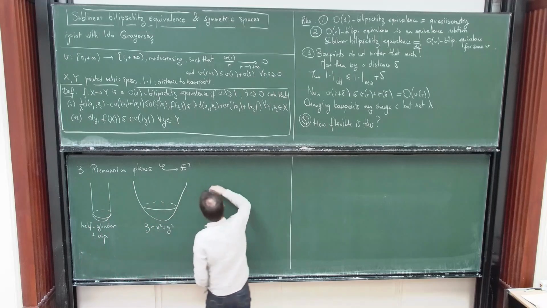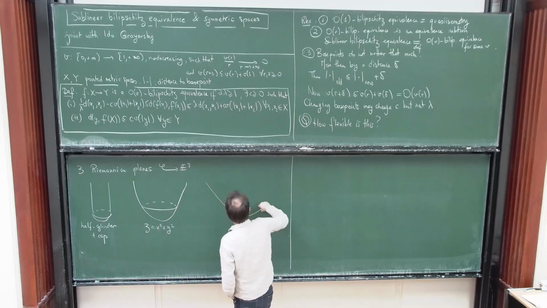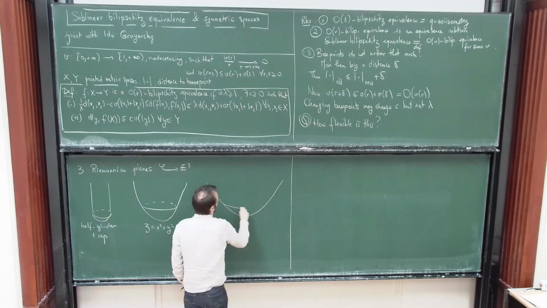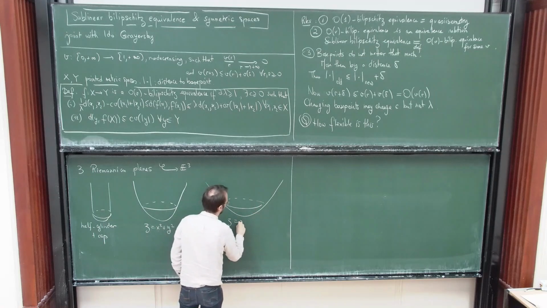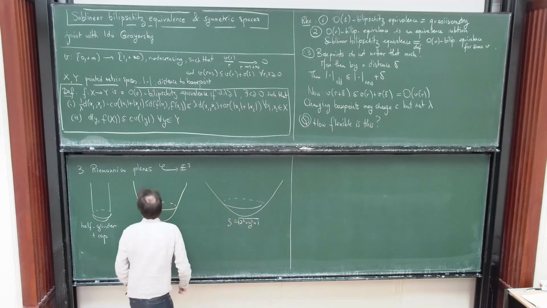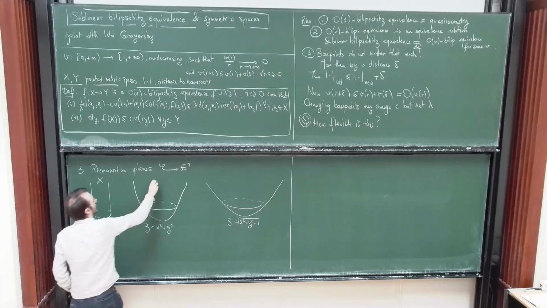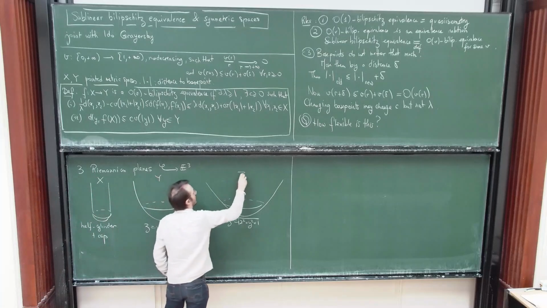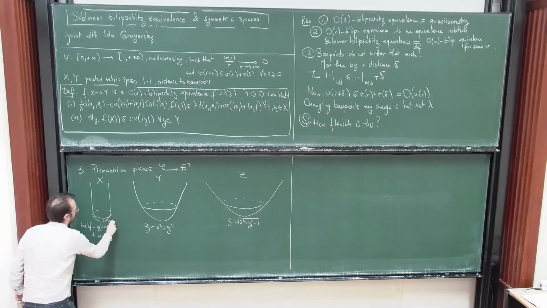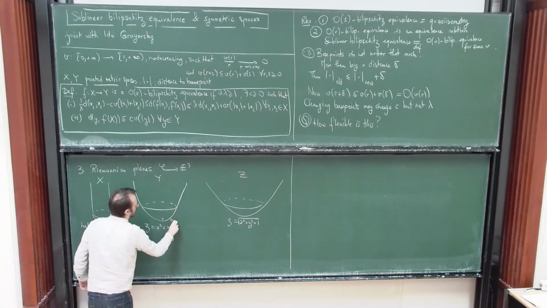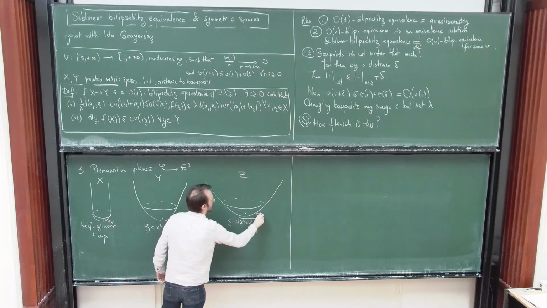And the third one is a hyperbolic paraboloid, so that Z is the square root of x squared plus y squared plus 1. I will call them X, Y, and Z. And you can put base points O_X, O_Y, and O_Z.